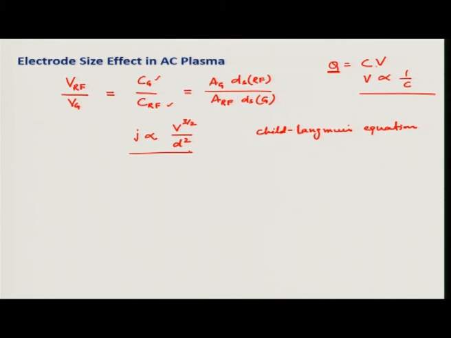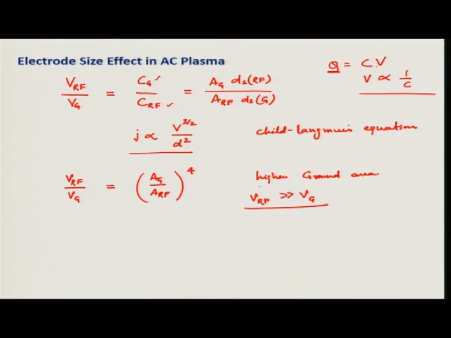So, combining these expressions, we can say that Vrf over Vg will depend on Ag over Arf, taking these two distances almost equal, to the power 4. So, if we have a higher ground area, then we will have Vrf much higher than Vg.